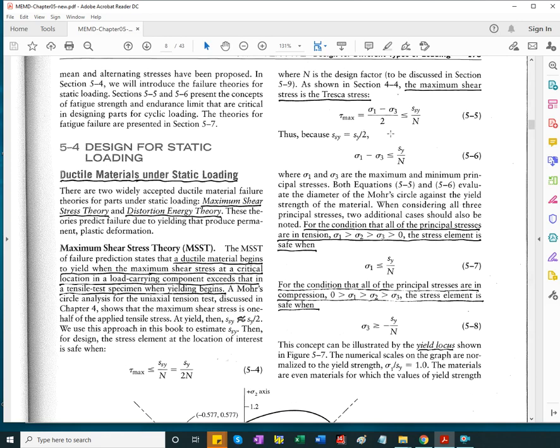The maximum shear stress is the radius of the Mohr's circle. Remember, it is sigma 1 minus sigma 3 divided by 2, the principal stresses, the largest positive and the smallest, possibly negative. And this is again the Tresca stress we learned about in the previous chapter.